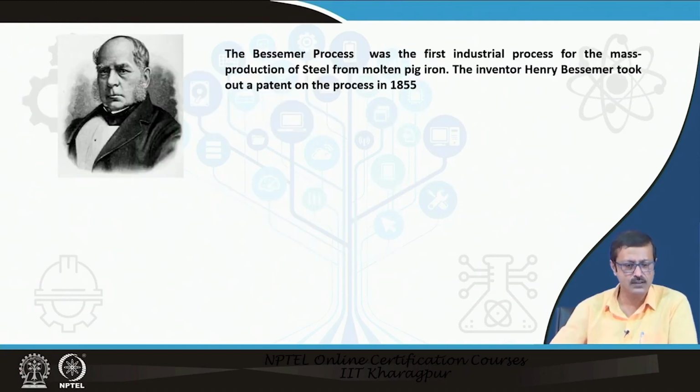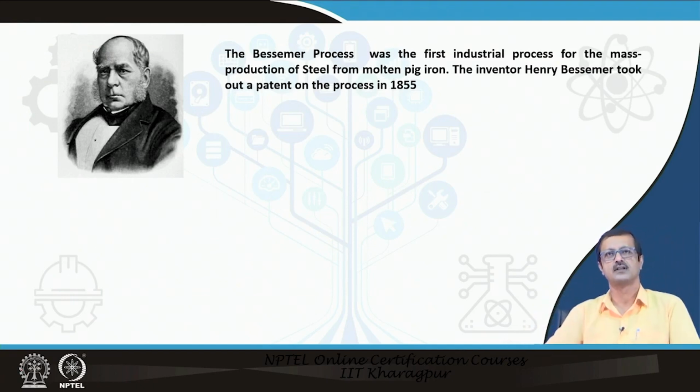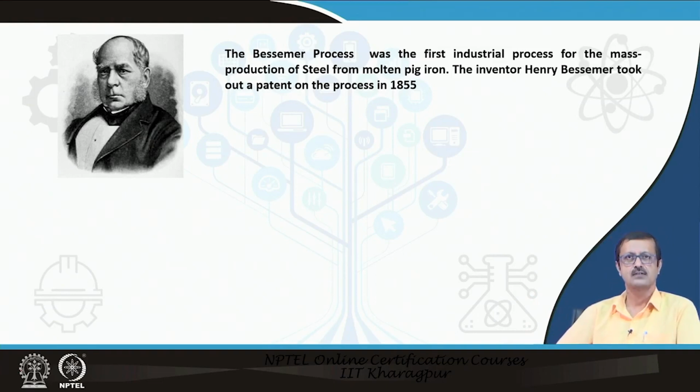Now, as I told you, two interesting events happened between the mid-1800s and 1900, that century, that made us think we can really construct high-rise buildings. The first one is the Bessemer process.